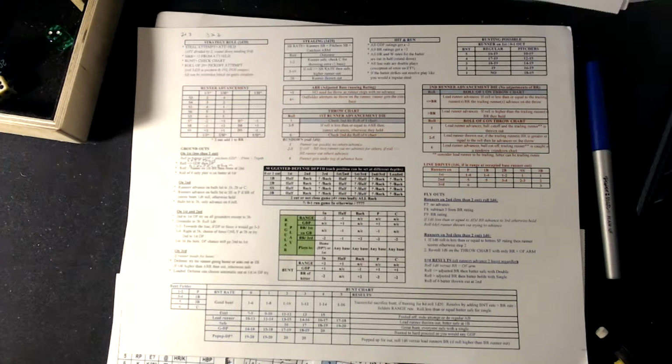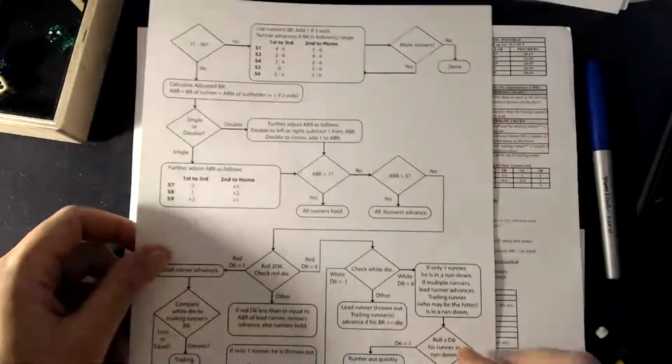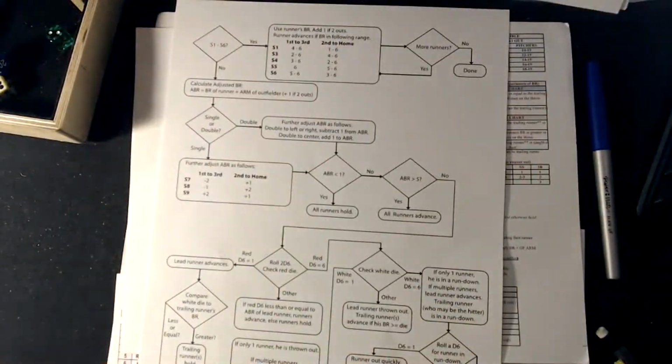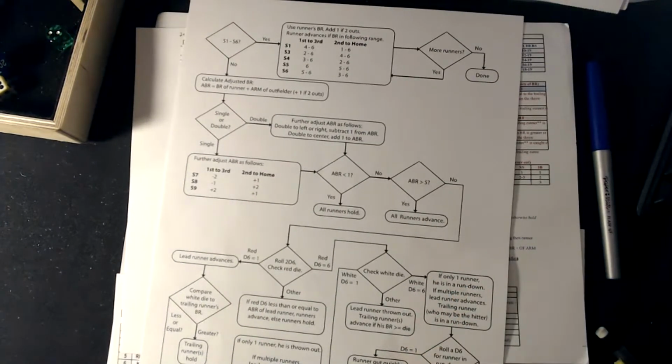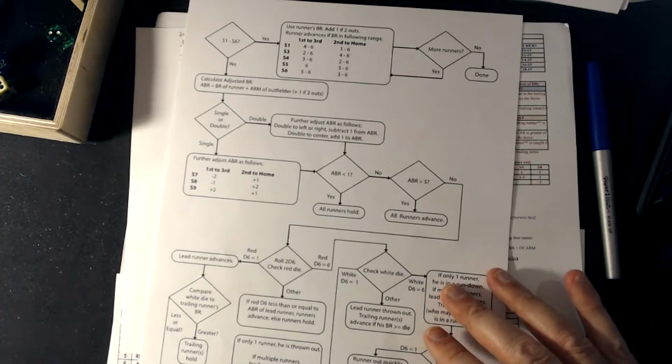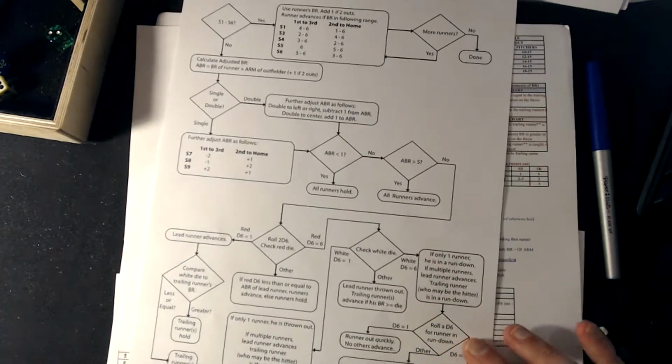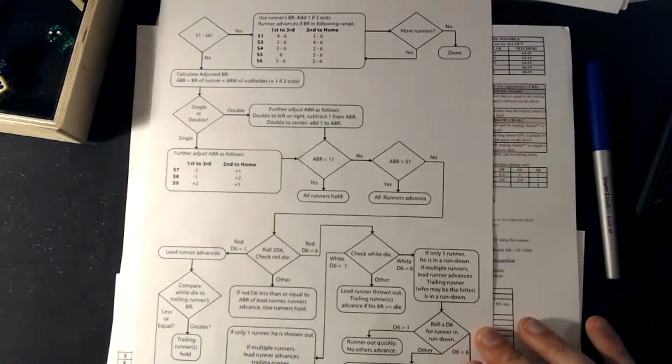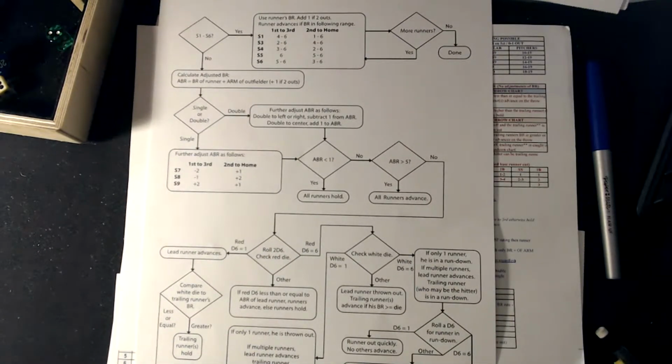Somebody who played this a lot said, I'm going to explain this better, and they created this thing. It's a whole flow chart, dude. I'm telling you, if I was in college and I walked into the classroom and my professor had this up on the wall, I would basically drop out of that class.